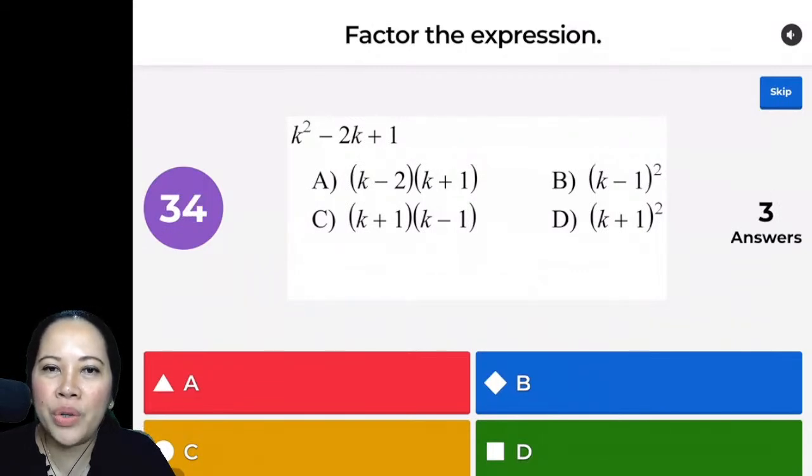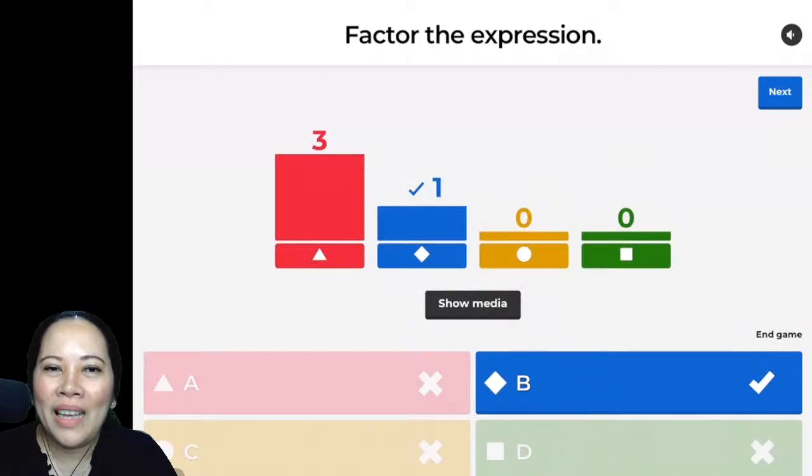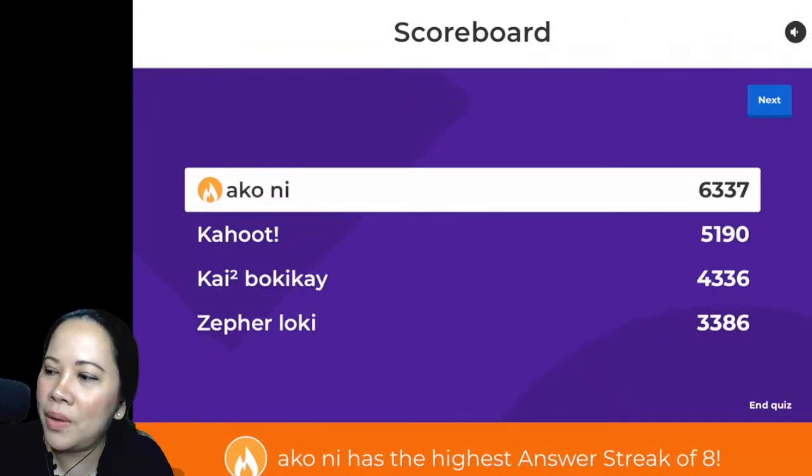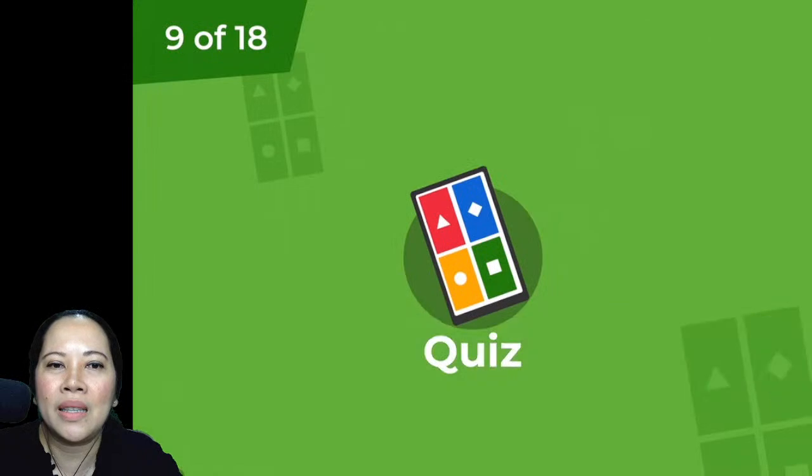It's a perfect square trinomial. It's letter B. It's k minus 1. Remember, if the middle term is minus, both signs will be minus minus. Okay? If the middle term is minus and it's a plus on the last one, it should be minus minus. Okay, let's proceed with the next number.